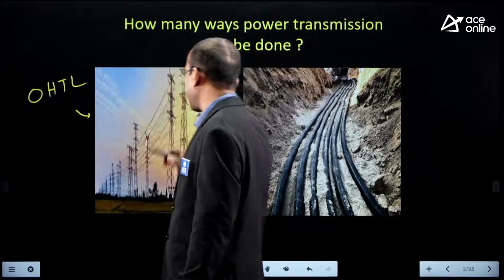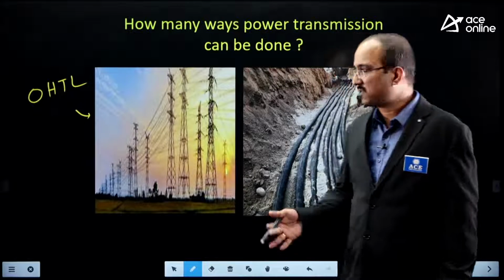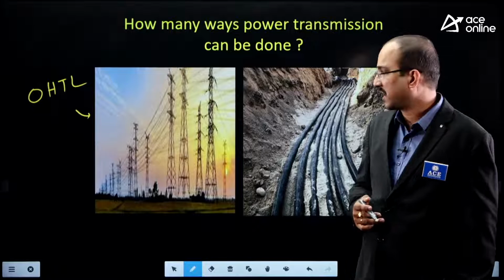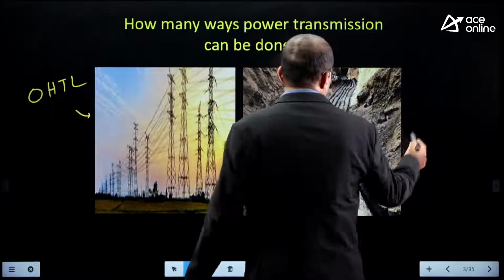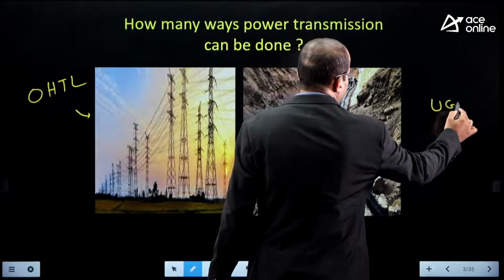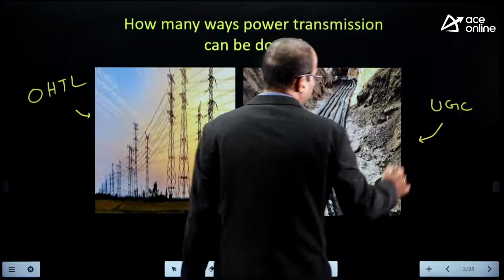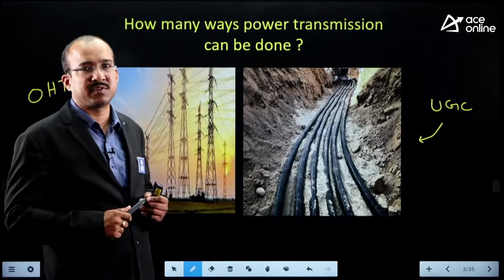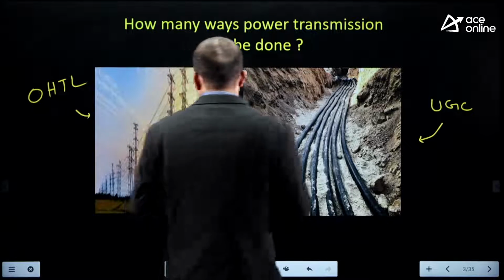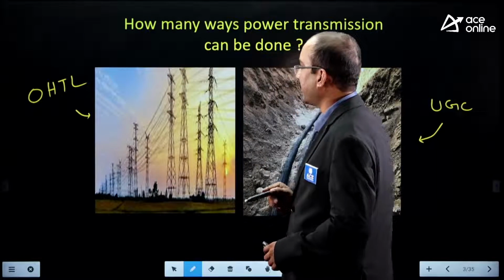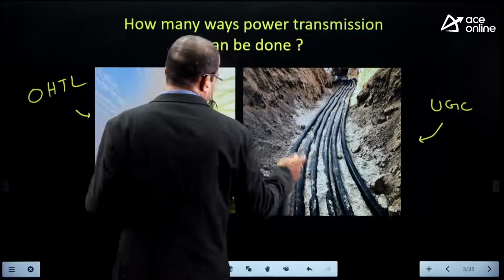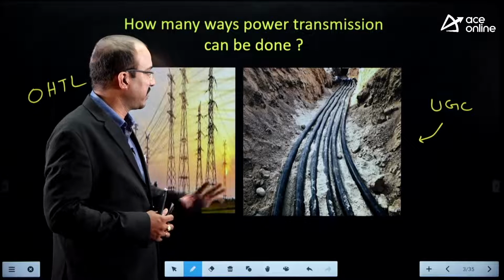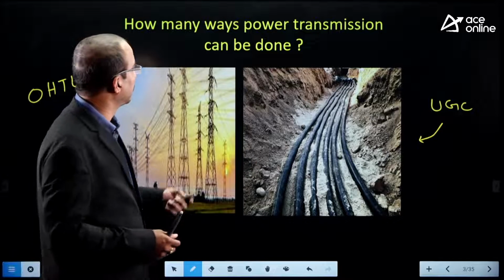In most cases, we do the power transmission using overhead transmission line. And the second one is we can also transmit the power using underground cable. So, these are the two modes of power transmission: one is using overhead transmission line and the other is using underground cable. Today's topic is going to be the underground cables.